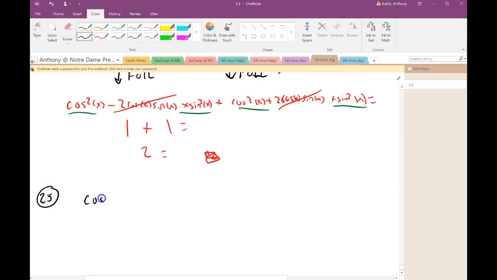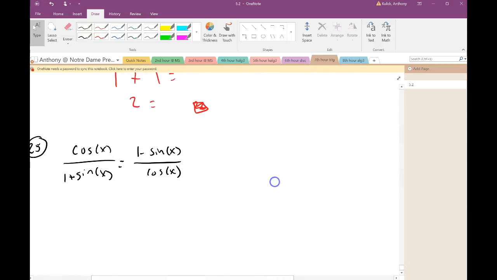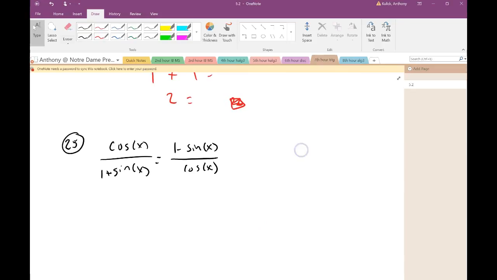25. So here again, each left-hand side, right-hand side are about as equal in difficulty.